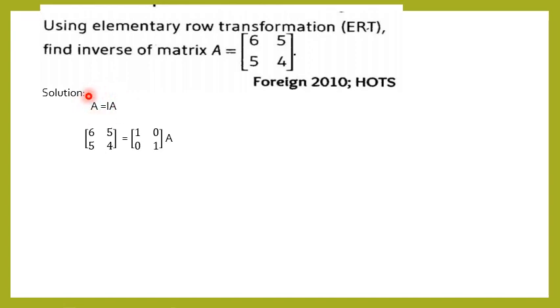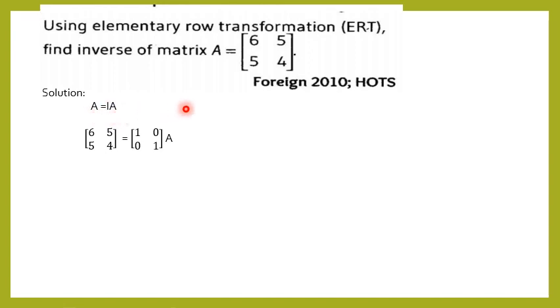Now we will convert this equation using elementary row operations. We will convert A into identity I. Then automatically the RHS becomes A inverse into A. Then we can find the A inverse from this equation.